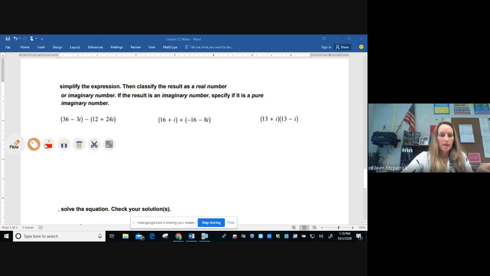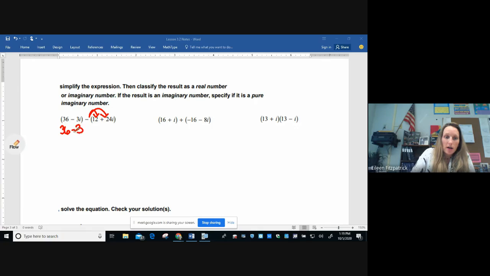Okay, the next section says simplify the expression and classify the result as real or imaginary. If the result is imaginary, specify if it's a pure imaginary number. So simplifying meaning combining like terms. Before you can drop parentheses here, you do need to distribute the negative. So distribute the negative and then you can drop the parentheses. 36 minus 3i minus 12 minus 24i.